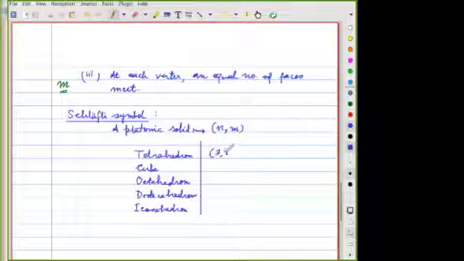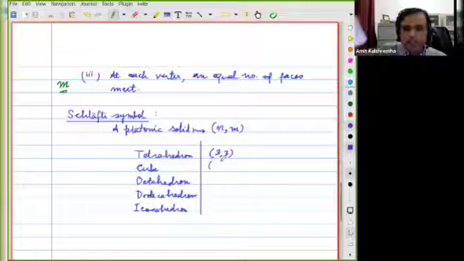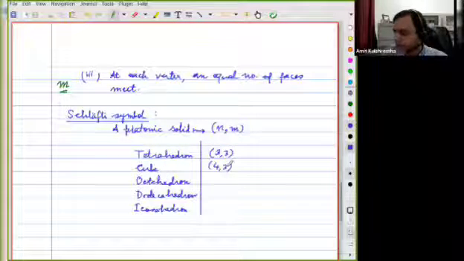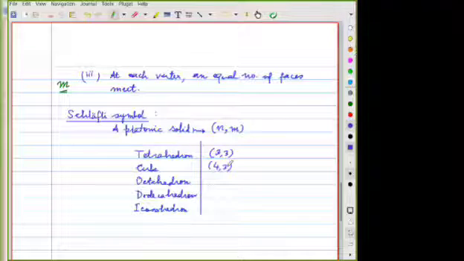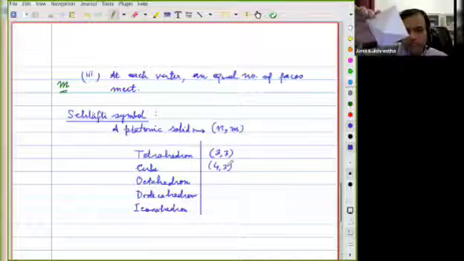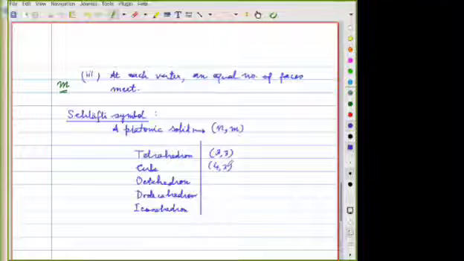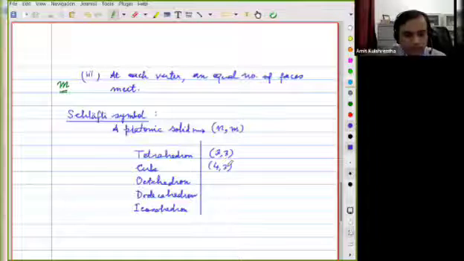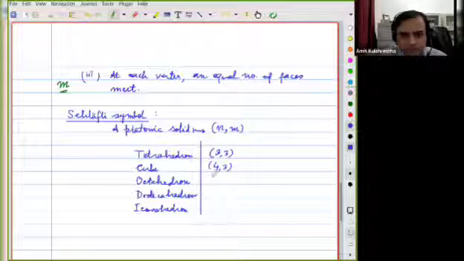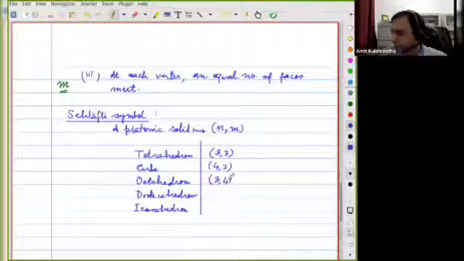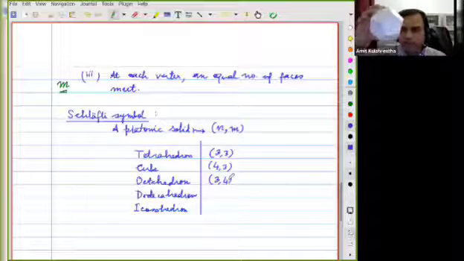For cube, what is the Schläfli symbol? 4 comma 3. Right. And for octahedron? Not quite 8. 3 comma 4, right? Sorry, I heard 8. Yes, 3 comma 4. And the next one is this, right?